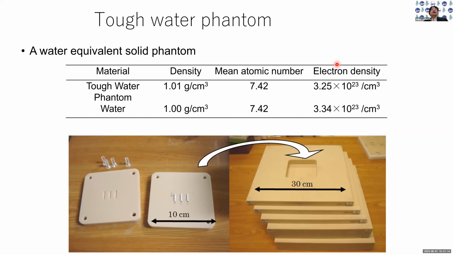We use a tap water phantom. The tap water phantom is a water equivalent solid phantom, and the density is almost the same as that of water. The mean atomic number is also the same as water, and the electron density is also near the water value.